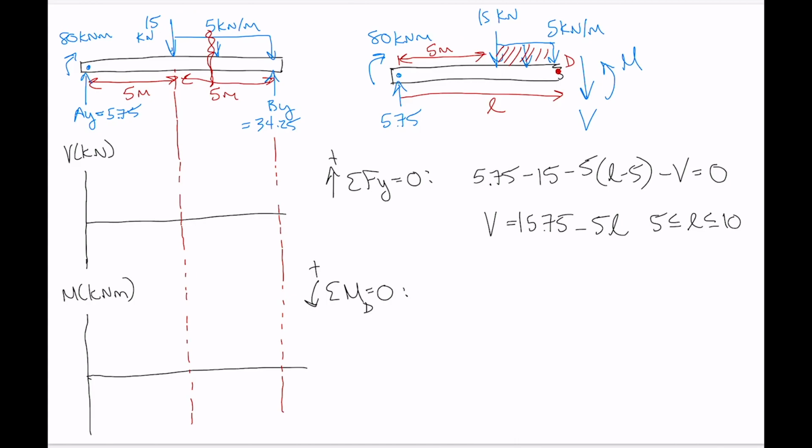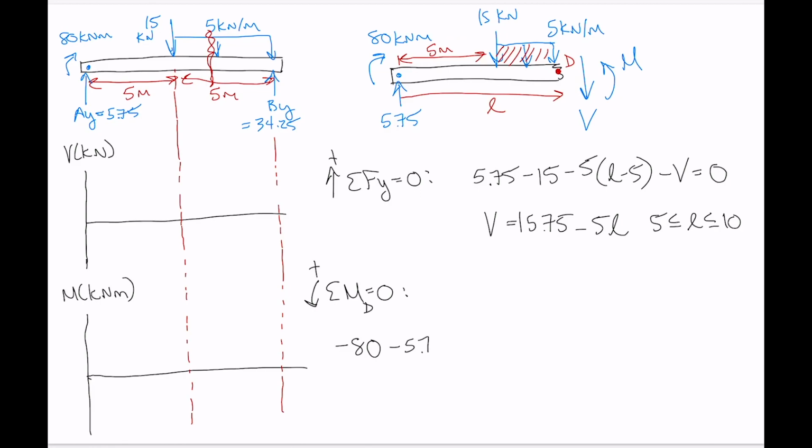So let's see what we've got here. Again, working from left to right, we've got the 80 kilonewton meter moment first, and according to my sign convention, that's a negative in my equation of statics. Then we've got the 5.75, so that's going to be creating a negative moment too.